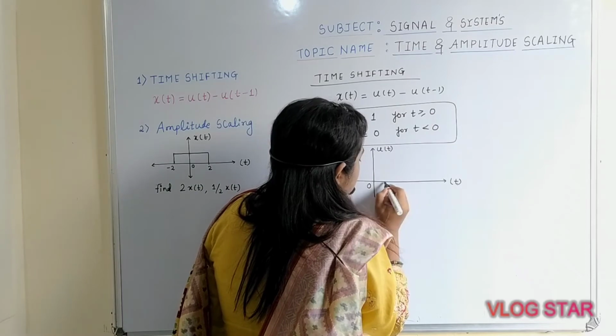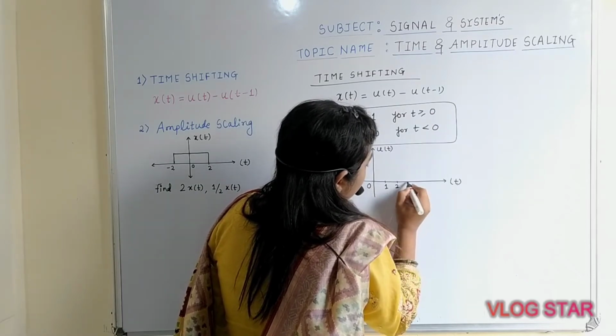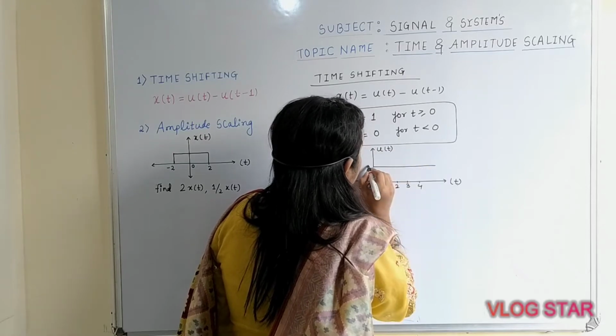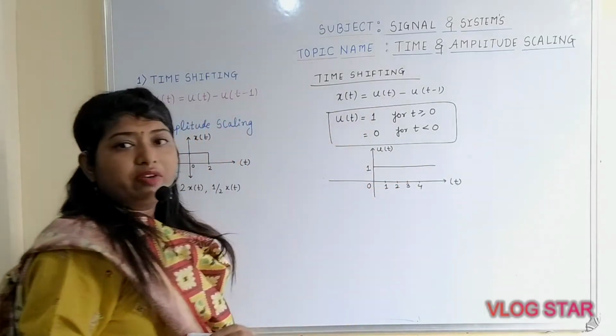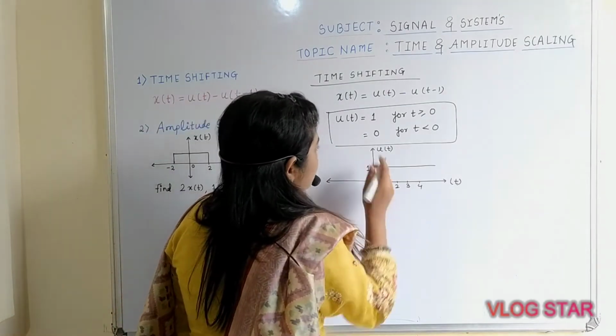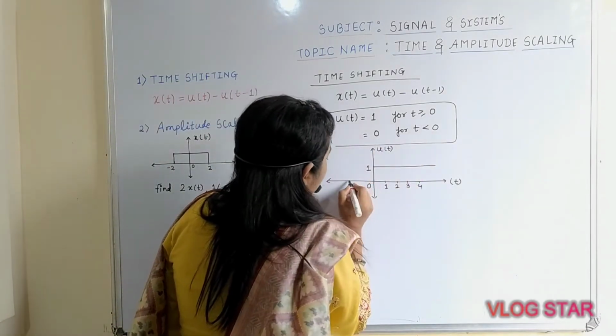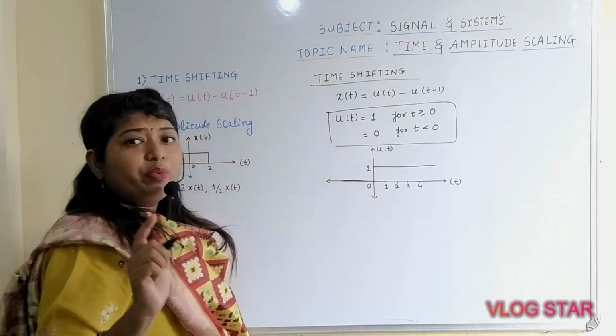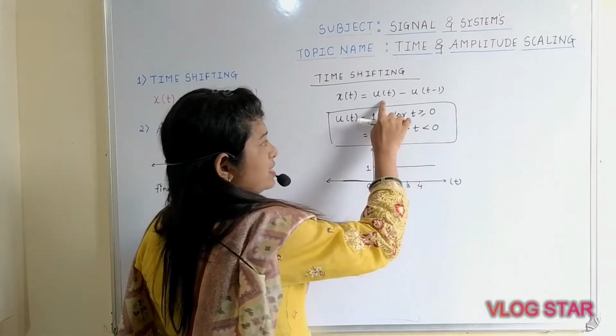So let's consider 0 on the number line, then 1, 2, 3, 4 and so on. What would be the amplitude over here? The amplitude for those values is 1. Am I right? Similarly, for t less than 0, the amplitude is 0. I hope you have understood how to draw the first signal.